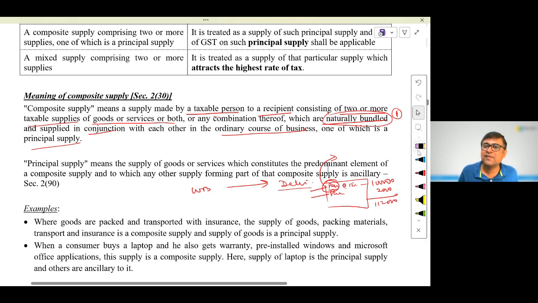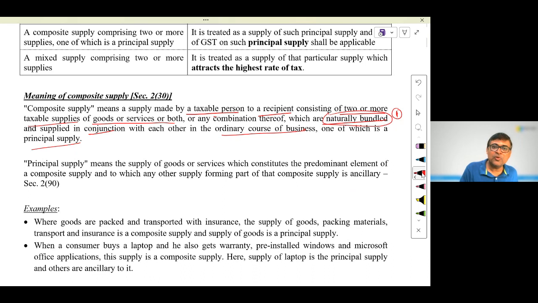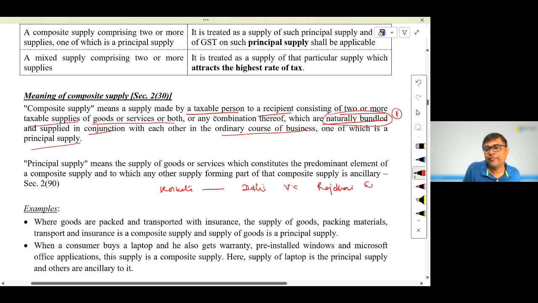One more example in this regard. Suppose I'm traveling from Kolkata to Delhi via Rajdhani Express. I believe everyone knows that Rajdhani Express provides food.